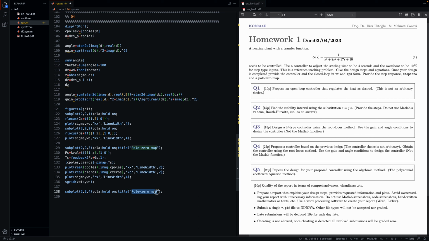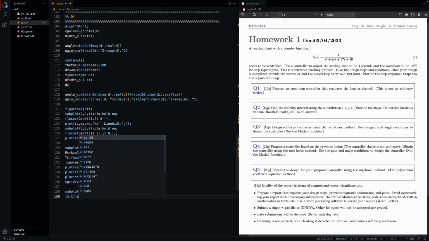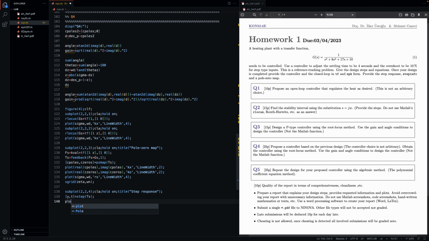And then subplot 4 where we have basically the step response. I'm just basically summarizing stuff here, and that's going to be y, t, step T(s), plot t comma y, k, line width of 2. Info is going to be stepinfo T(s), and then TSE is going to be info dot settling time.